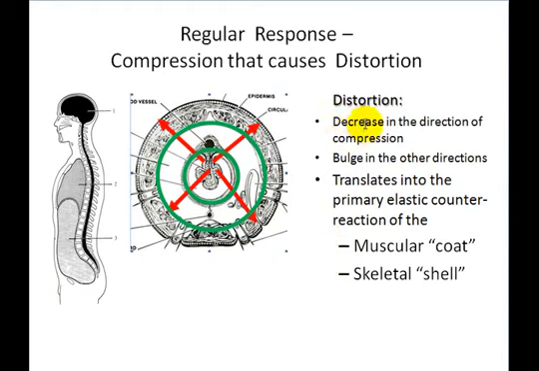So when there is this factor of distortion, namely the decrease in the direction of compression and bulge in all the other directions, it's irregular, it's non-uniform. And therefore, once it's non-uniform, it translates into a non-uniform primary elastic counter reaction of the muscular coat and the skeletal shell.